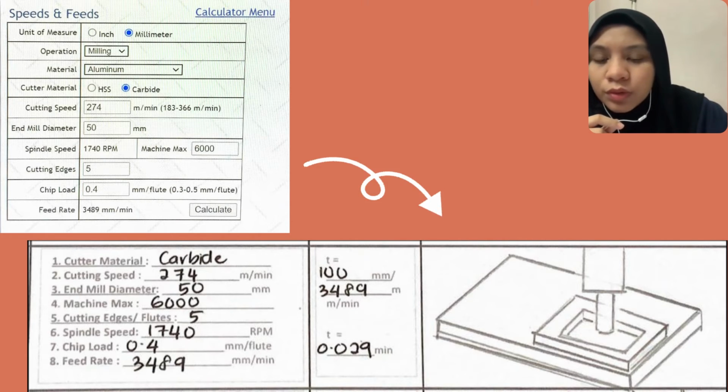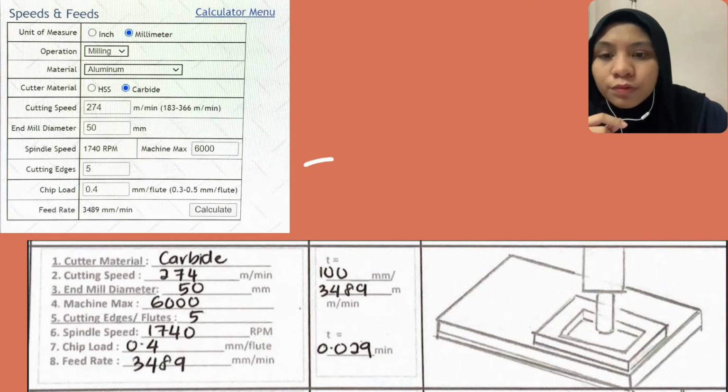The material of this milling operation is going to be carbide, except for the drill process. This is the process of milling, so the cutting material is obviously going to be carbide. Then we put that into the website, with units in millimeter, operation milling, material aluminum, and cutting material carbide.